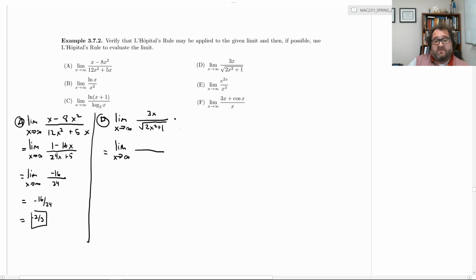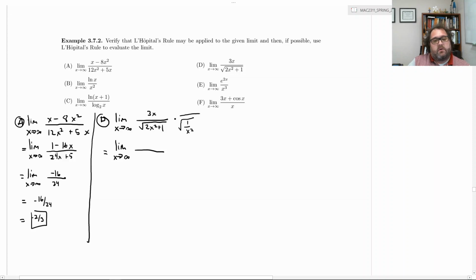So basically, I need to divide like this. That's way too big. Come on, OneNote, erase. All right, there we go. I want to divide, so 1 over square root of x squared. Actually, I was right the first time. That looks better. 1 over square root of x.